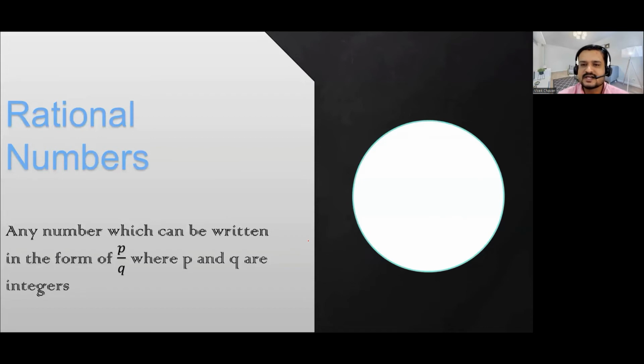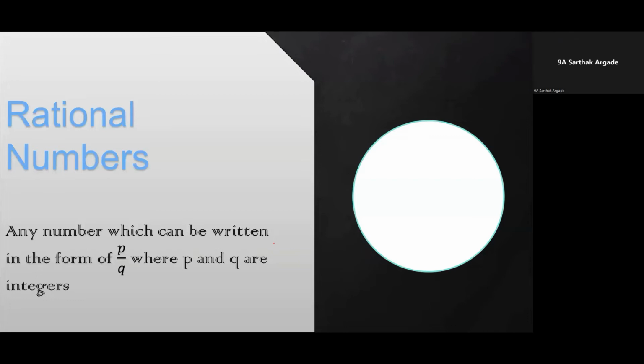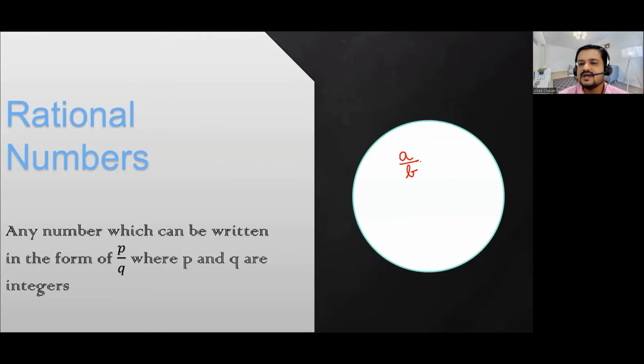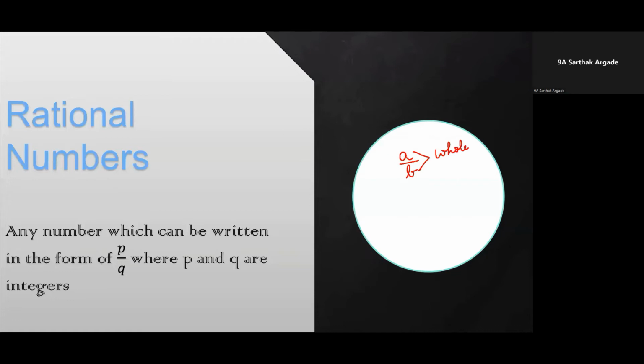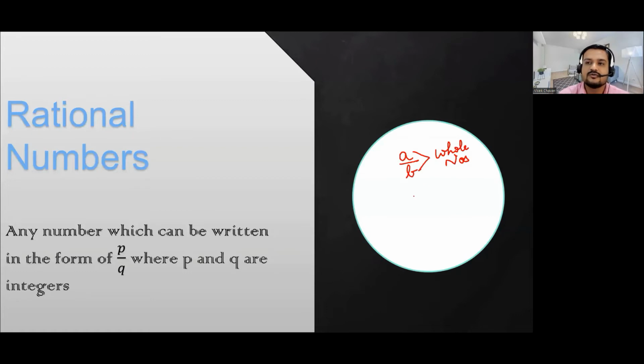Yes, Gayatri, it is correct. Yes, Sarthak, speak. Sir, in a fraction, A and B are whole numbers, and in rational numbers, P and Q are integers. A fraction is also in the form of something upon something, that is A by B.